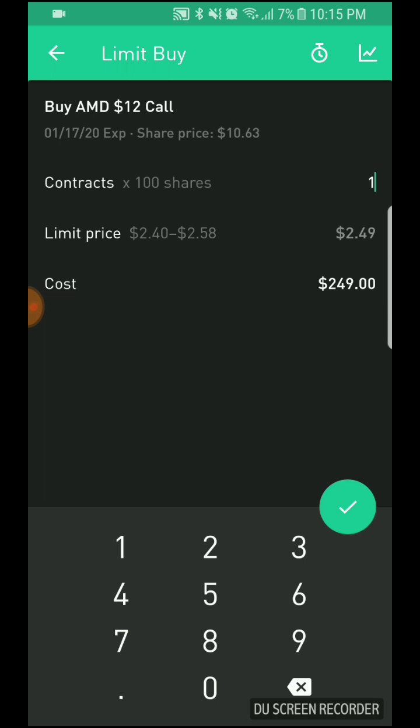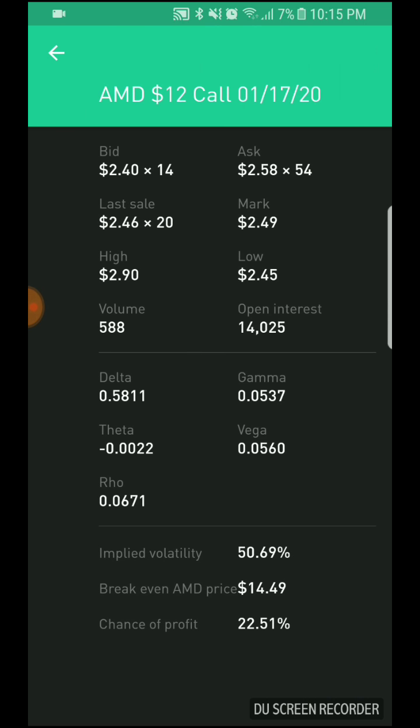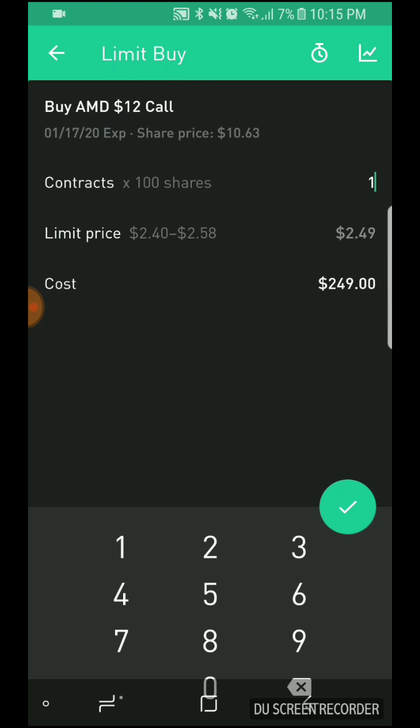But with an option, once the expiration date hits, if the price is below $14.49 here, as you can see the break-even, by January 17, 2020, then you will lose the whole $200.